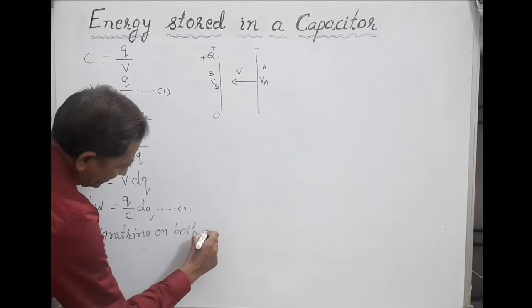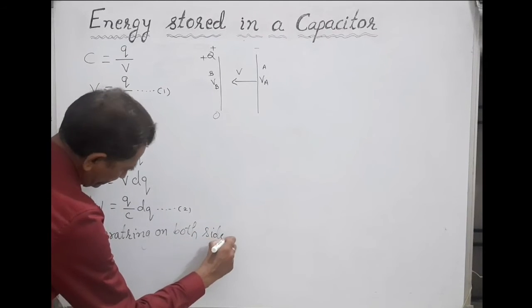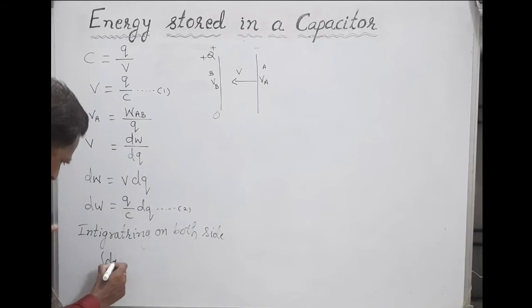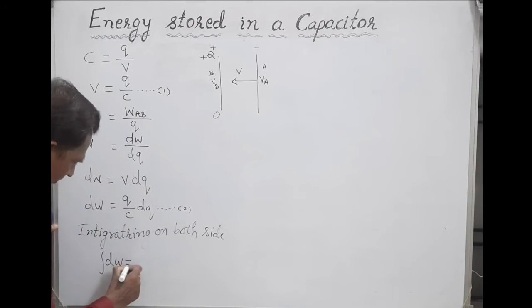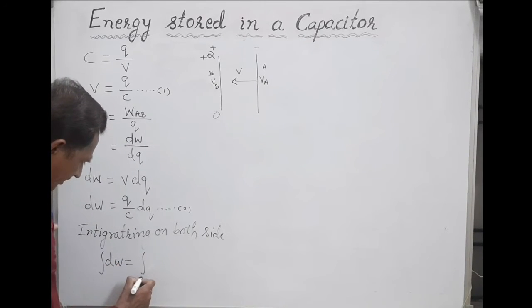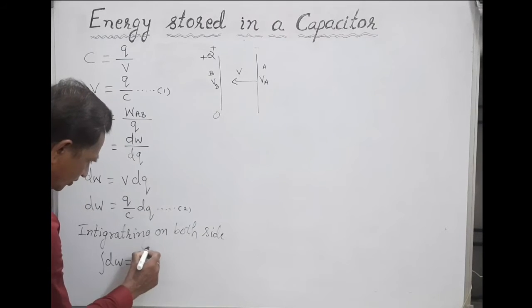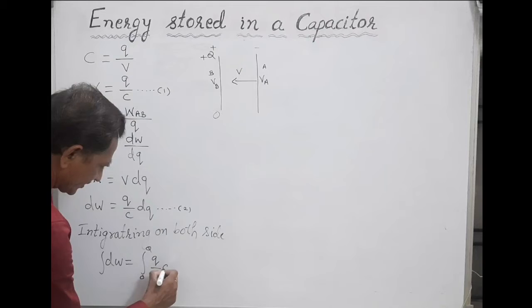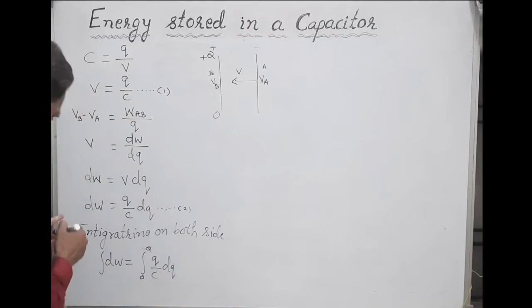Integrating on both sides, you take an integration, dw is equal to the integration under limit of 0 to q of q by C dq.